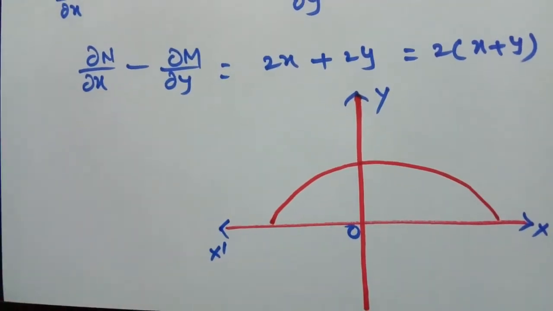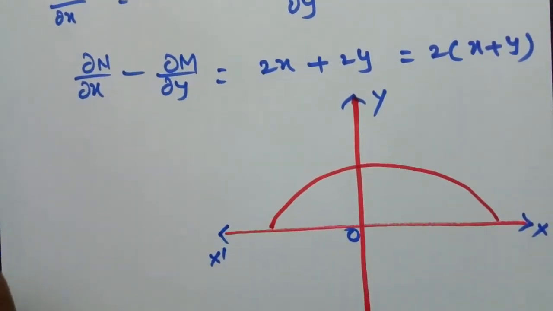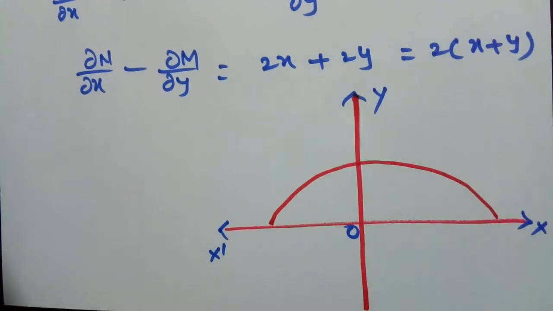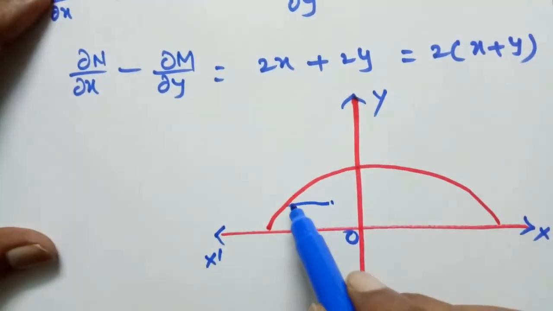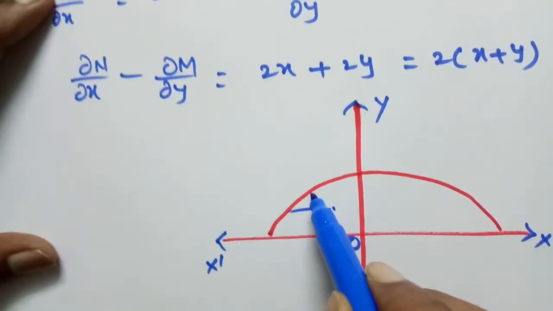Now, shading the region bounded by the x-axis and the circle x square plus y square is equal to a square.